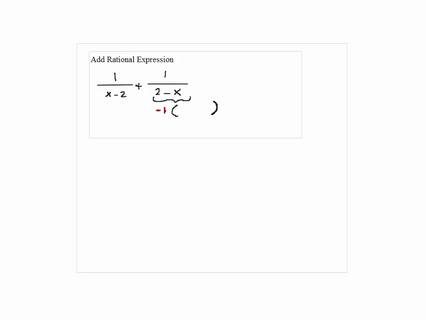No, 2 minus x? Okay, you said 2 minus x. So what times -1 gives me 2? Let's start with that one first. What do you think? Okay, so Shanisha says 2.